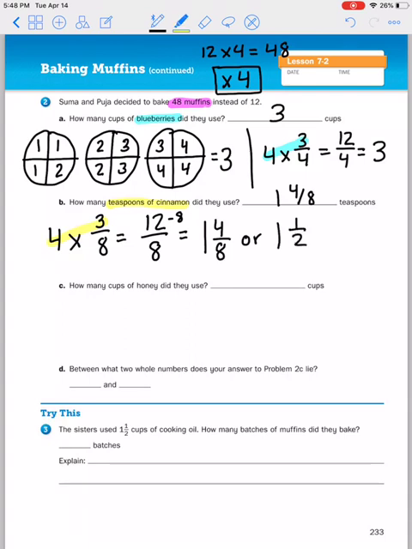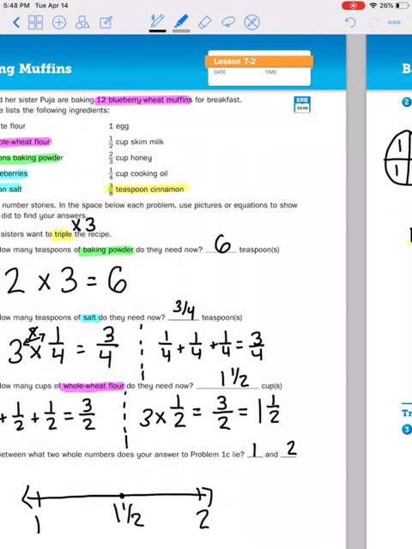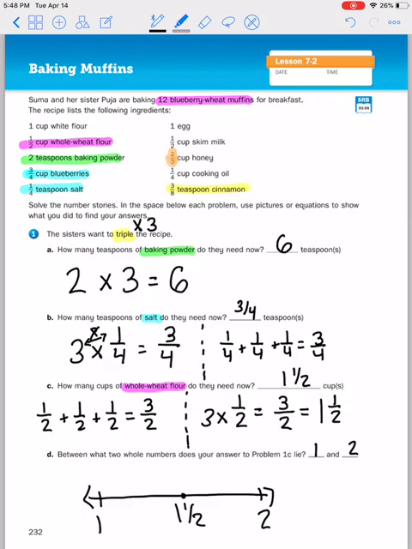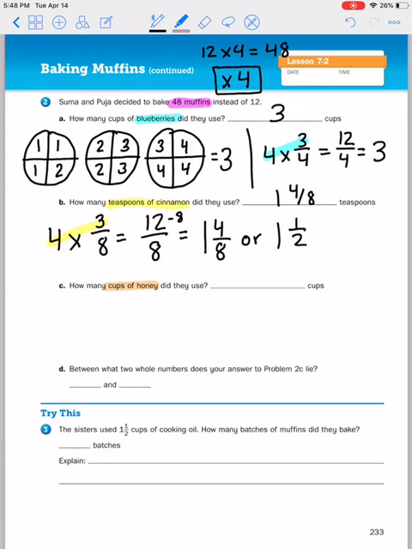How many cups of honey did they use? They used 2/3 cup of honey. So 4 times 2/3. And I'm going to multiply 4 times 2, which is 8/3. And then I can make that into a mixed number, which is 2 2/3.